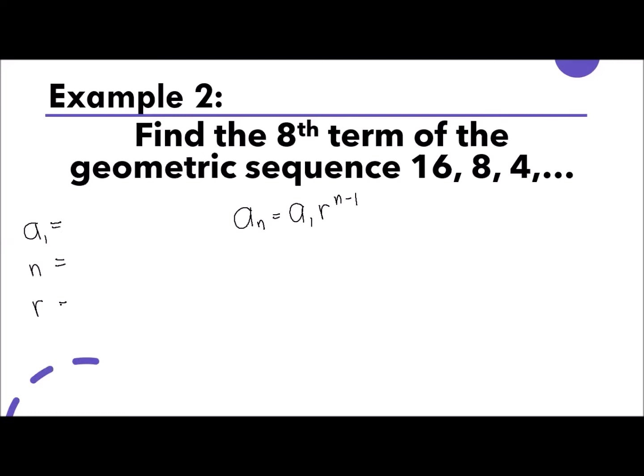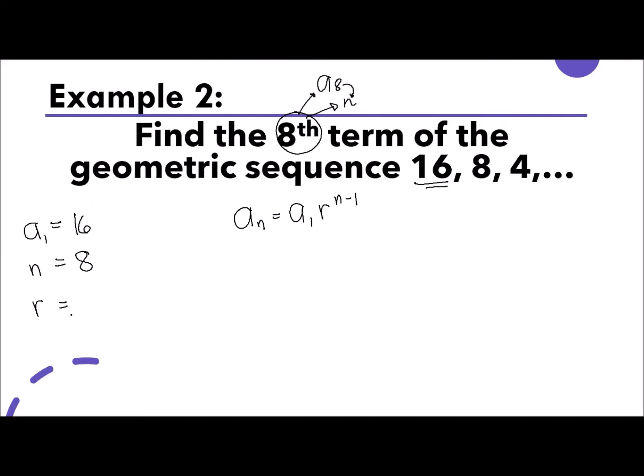Mas madali yung kanina kasi given na. But right now, let's identify. What's the first term? Okay, very good. So that is 16. What's the value of n? We're going to get the eighth term. So that is the value of n. Which means that is a sub 8, right?